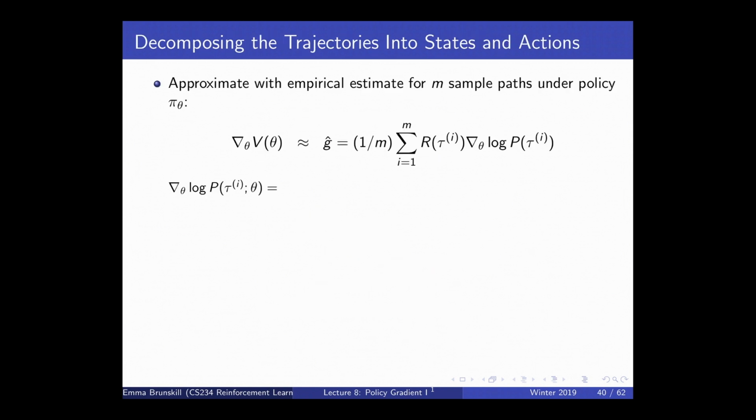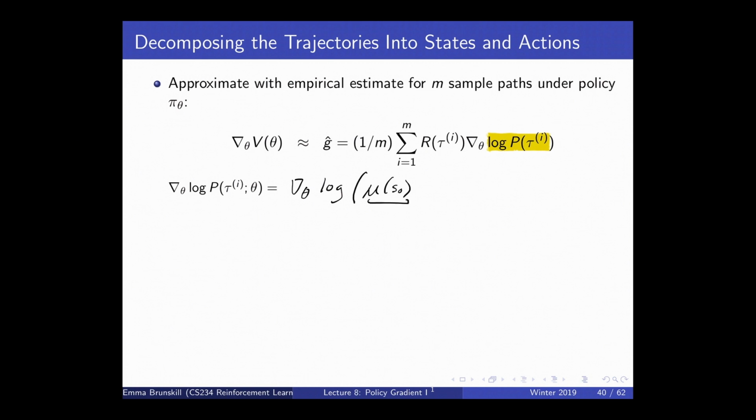Okay, so then the next question is, if I'm going to do this, then I have to be able to approximate the second term, which is the derivative with respect to theta of the log probability of a trajectory under some parameters. So I have to be able to figure out what is the probability of a trajectory under a set of parameters, and we can do that as follows. So this is going to be delta theta of log of the product of mu of S0.